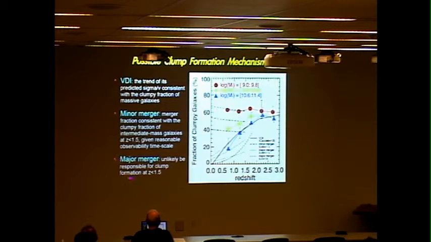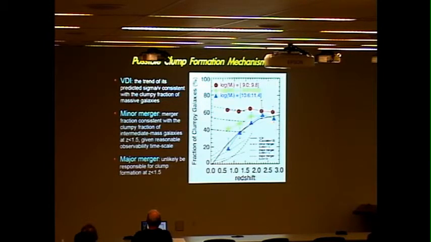But for major mergers, only if you assume a very long visibility timescale, for example 3 Gyr, can it match the clumpy fraction of massive galaxies. But we all know that the visibility timescale for major mergers is quite short, usually less than 1 Gyr.